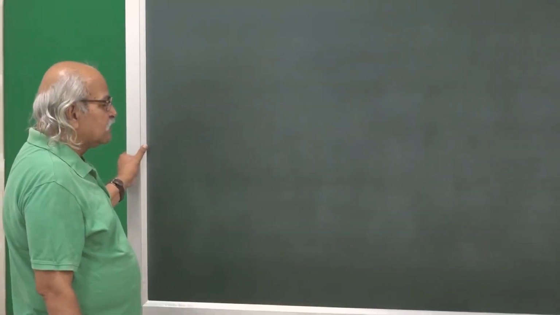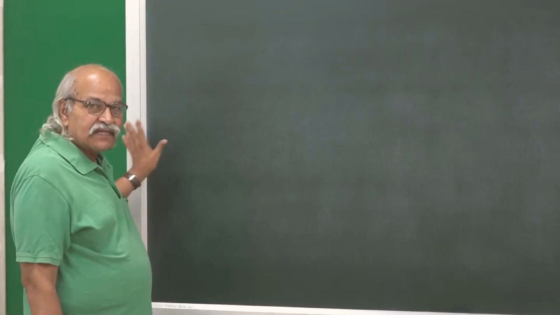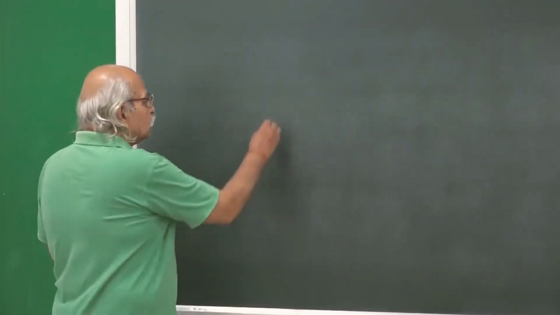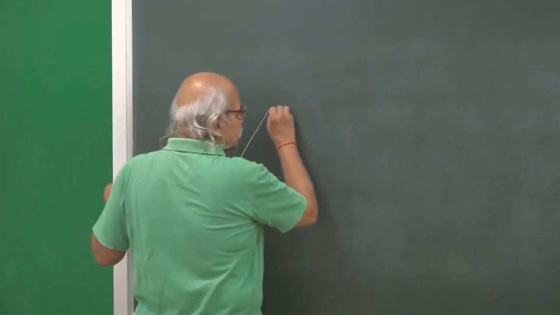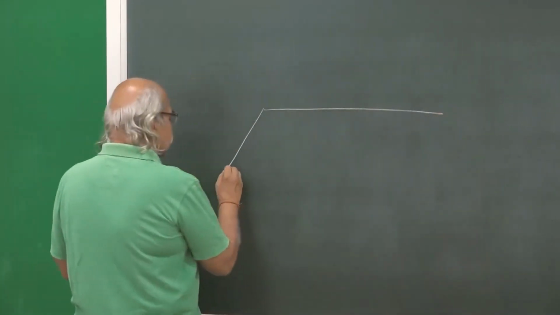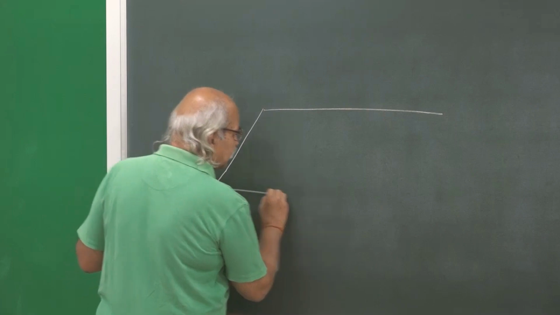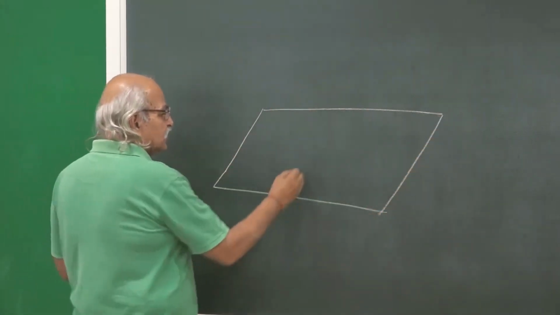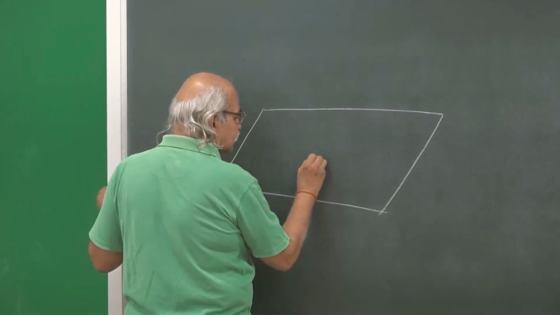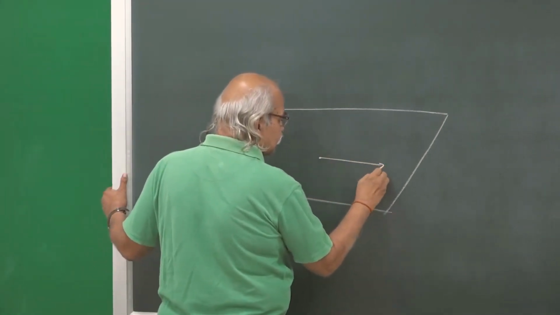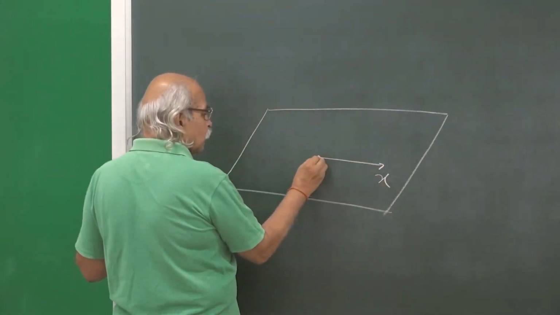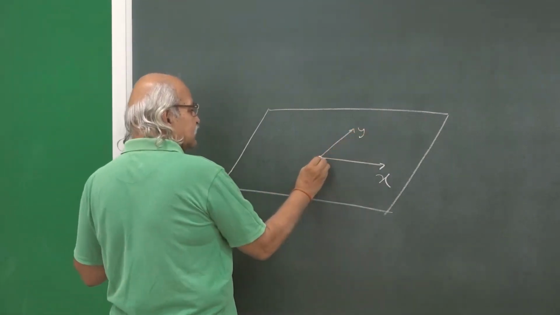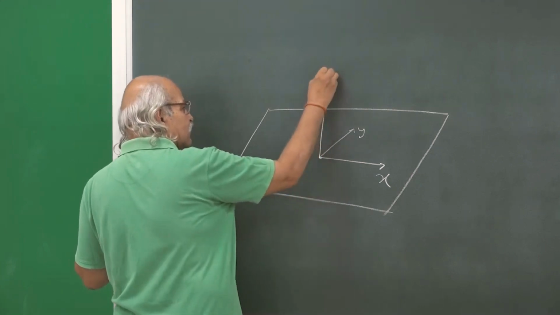Let us take a simple example where the entire surface current is in the xy plane. So, this represents a large xy plane, and in this xy plane we have the x axis, the y axis and the z axis.